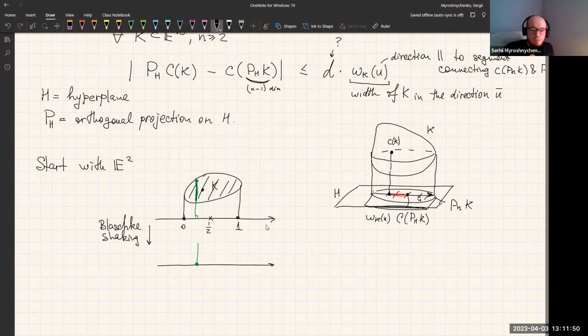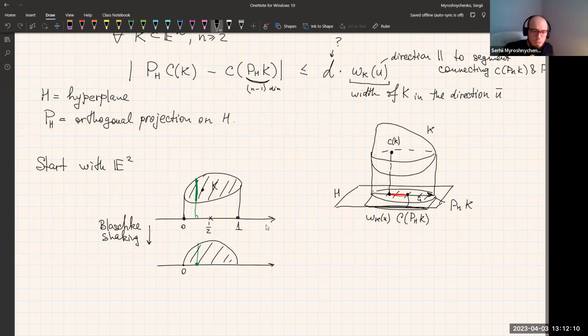We repeat it for all of the segments, and the shape that we're obtaining may be something like this. Okay, that doesn't look right. Maybe something like this. So we have shaped our body and it kind of fell down on this line.